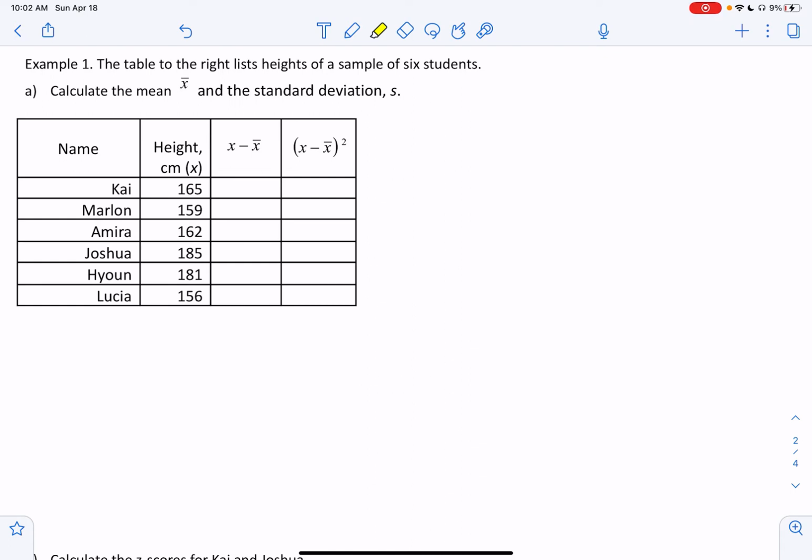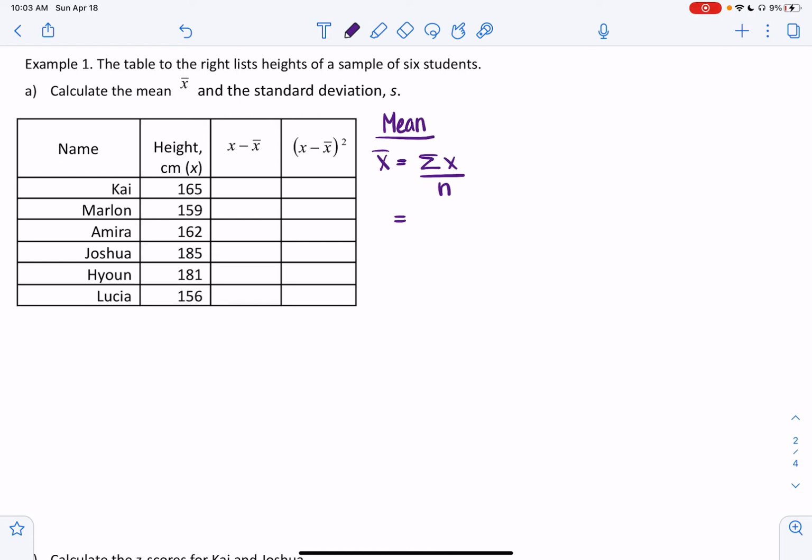So we'll start by calculating our mean. So for our mean, we denote this by x bar, and we sum up all of our data values, and we divide it by how many numbers we added up.